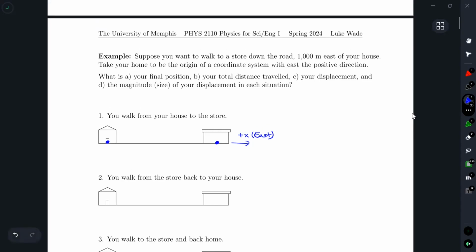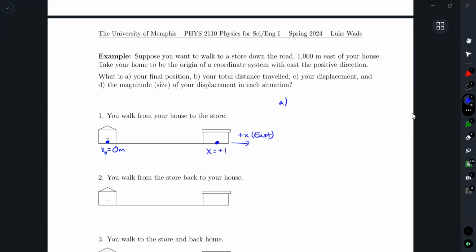In terms of this coordinate system I've set up, where this is my initial position and it's 0 meters, what is my final position in part 1? 1,000. Yeah, and I want to be a little bit more specific because I could have gone west, right?